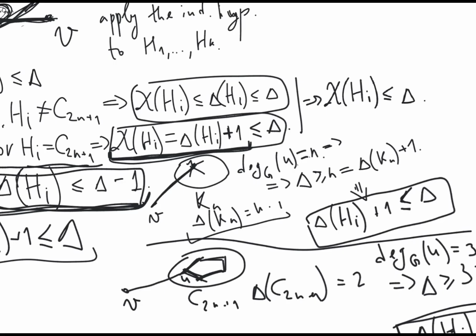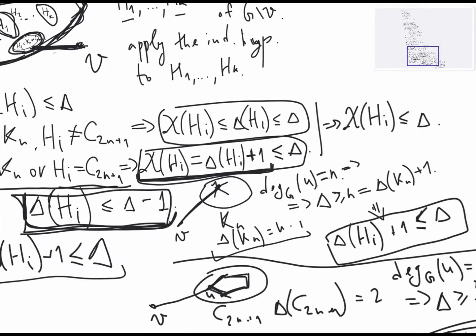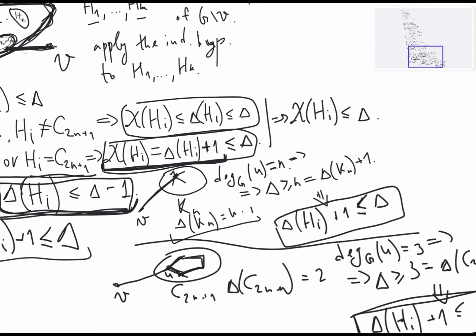So we need to consider the cases of an odd cycle and the complete graph separately, but in these special cases we get an extra plus 1 here because of the connectedness of the original graph. So that's where we use the connectedness to get an extra 1. So in both cases this is less than delta.